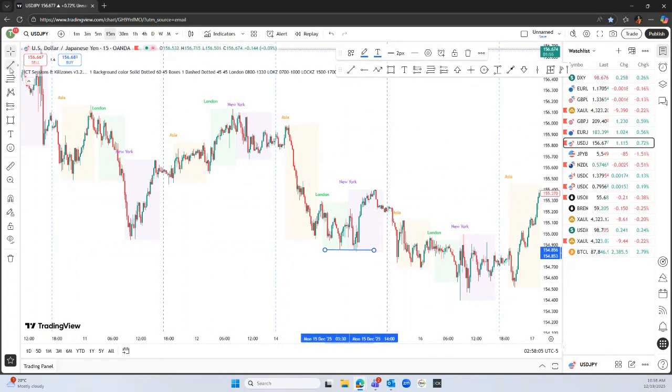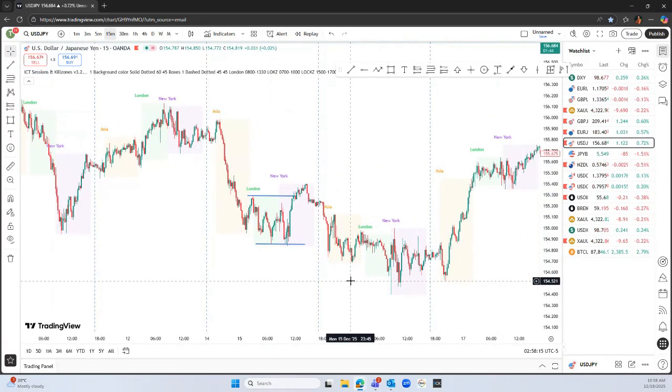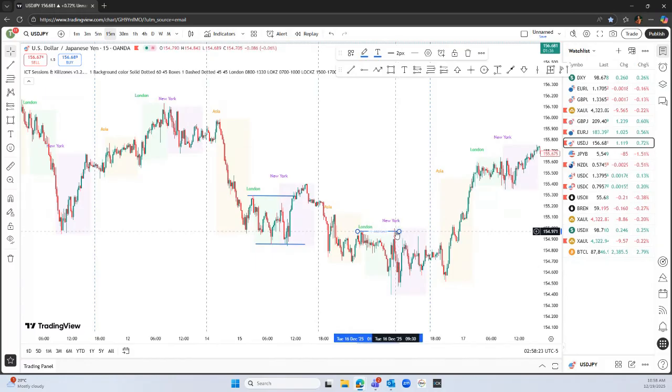And when it sweeps out the London liquidity during the New York session, we start seeing the price push on the downside. Same case the following day: it comes, pushes, takes out liquidity here, and pushes on the downside. It actually began by taking out the Asian and London lows, pushes up, takes out the London highs, pushes down. So it really responds well to liquidity sweeps.